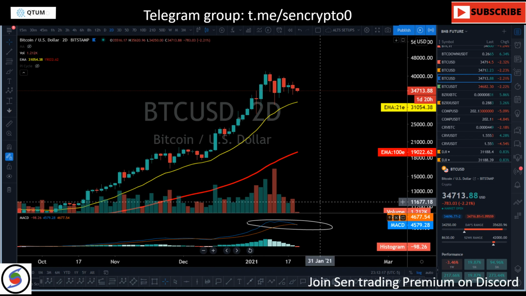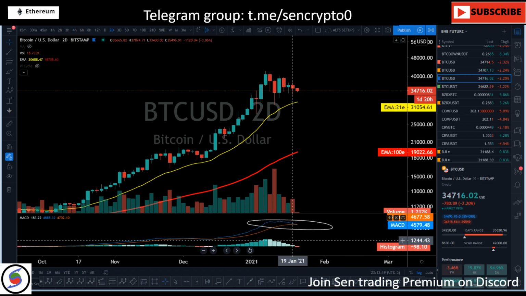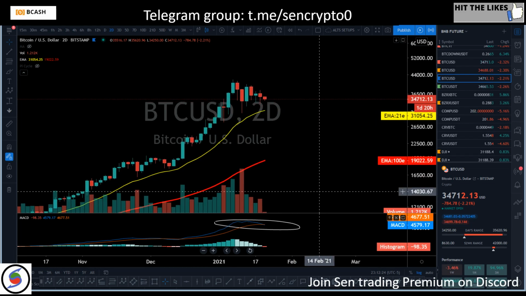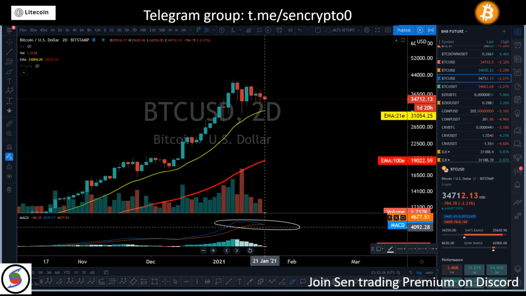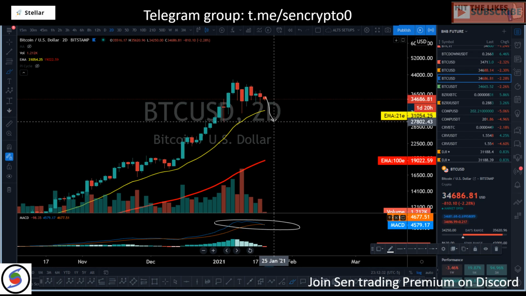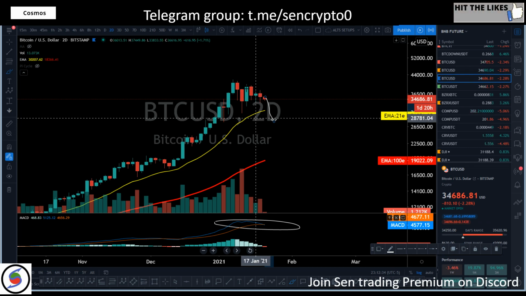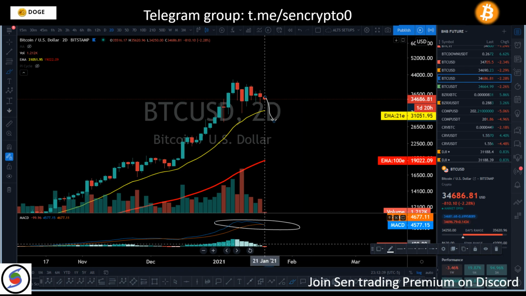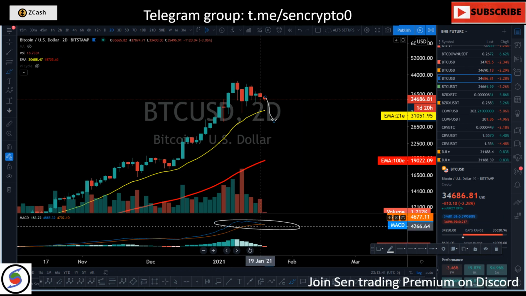But we don't go just by the MACD, we also go by our 21 EMA. If the MACD is bearish, one thing we need to confirm the bearishness is that price action has to break below our 21 EMA. So we got plenty of time to confirm the bearishness on the MACD. That's why we're saying partially bearish.